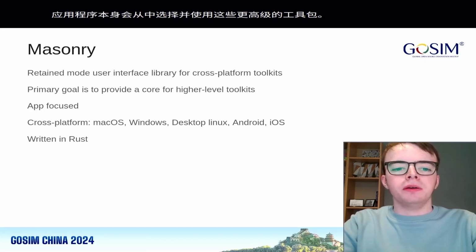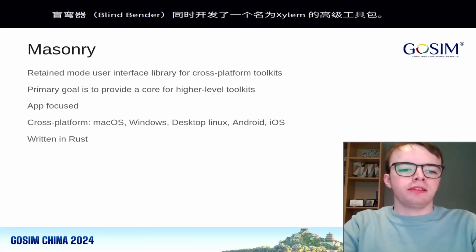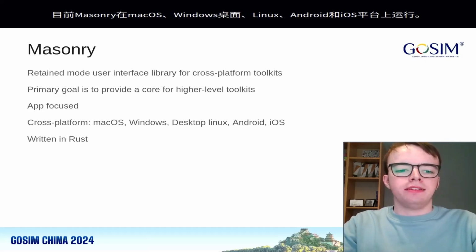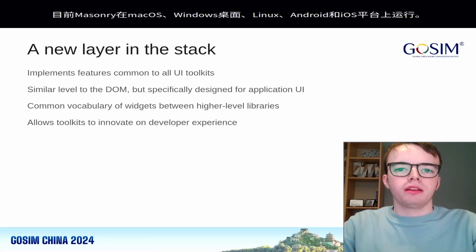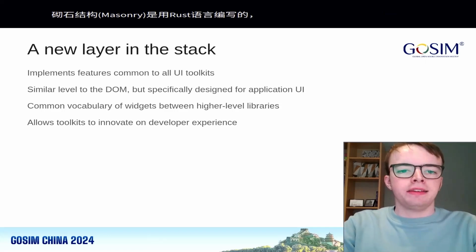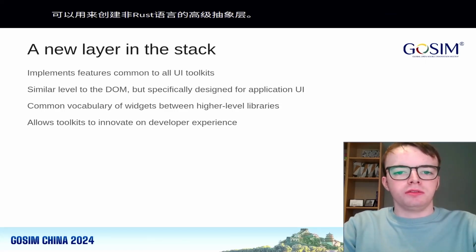Masonry currently works on macOS, Windows, desktop Linux, Android, and iOS. Masonry is written in Rust, but could be used to create non-Rust high-level abstractions. Masonry acts as a new layer in the cross-platform stack, implementing features which are common between all UI toolkits.